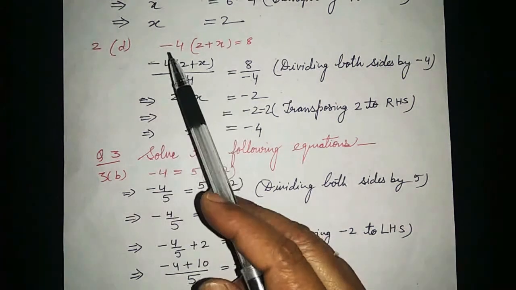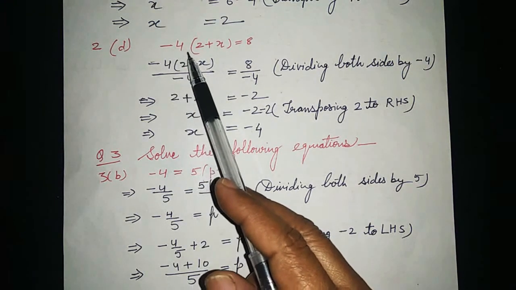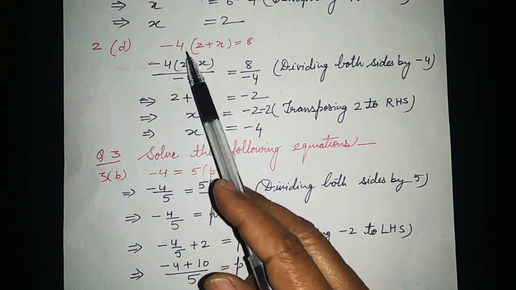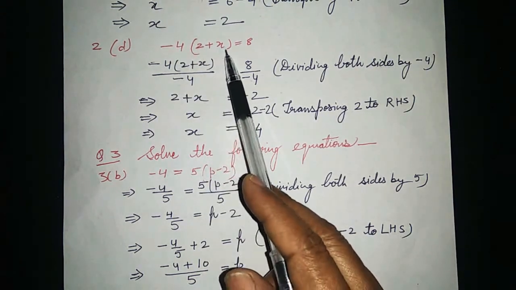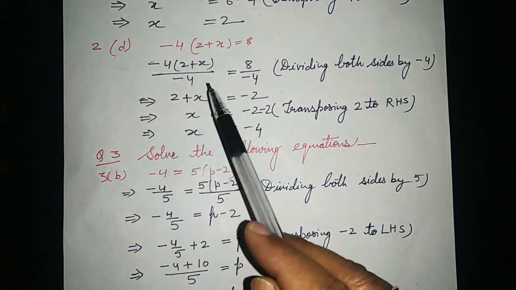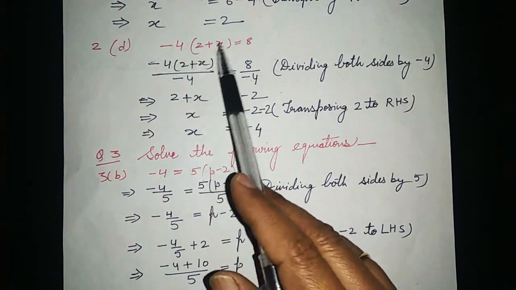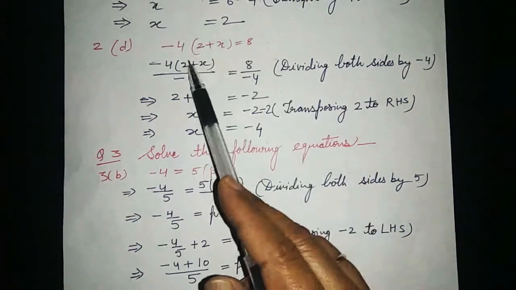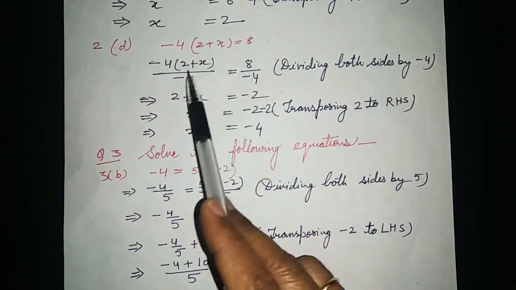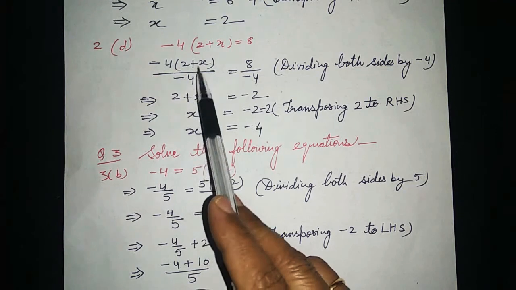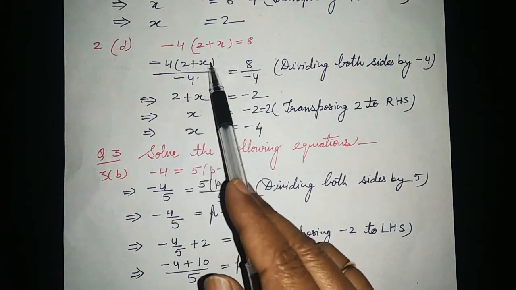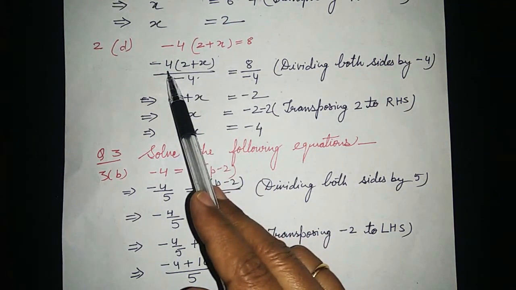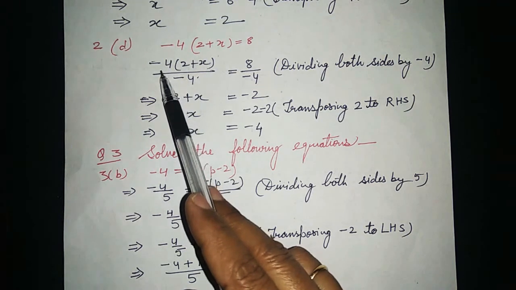And here in this question you can see that minus 4 is in multiplication with 2 plus x. So what you will do? Just like above question, you will divide both the sides by minus 4, because this whole 2 plus x is in multiplication with minus 4.